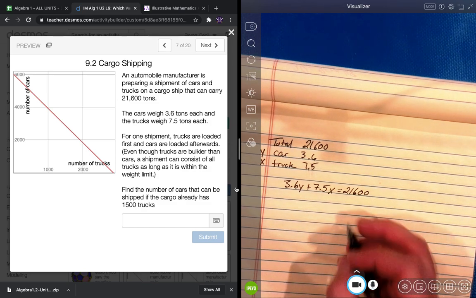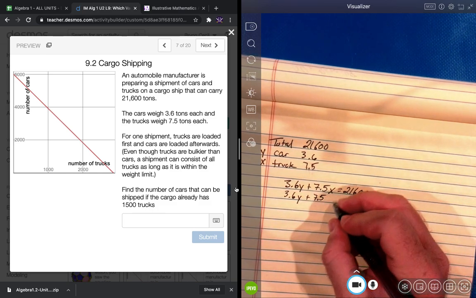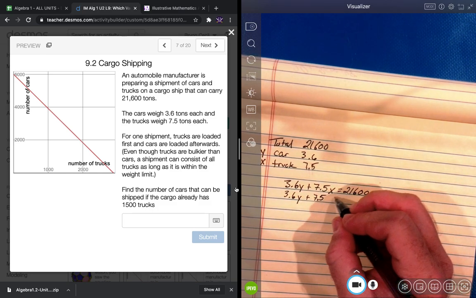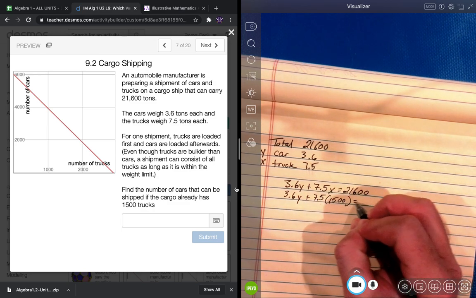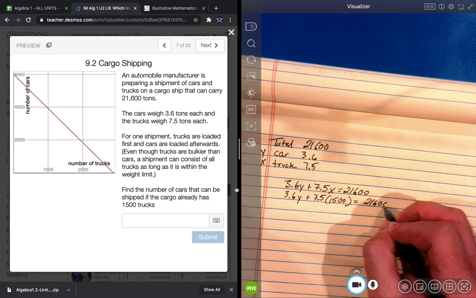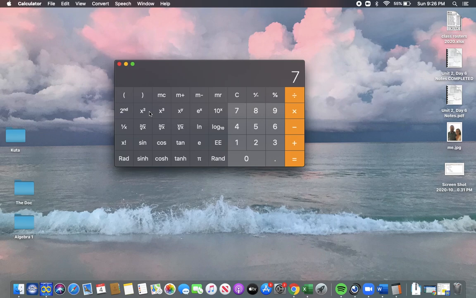So now we're going to take 3.6y plus 7.5 times 1,500 equals 21,600. Now I'm going to take that 7.5 times 1,500. So now that's going to give me 3.6y plus 11,250 equals 21,600.